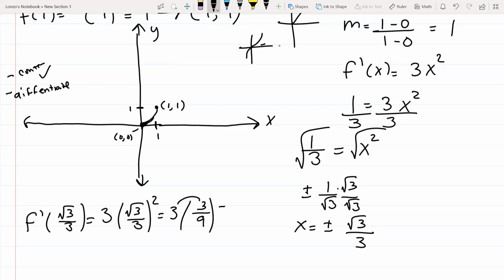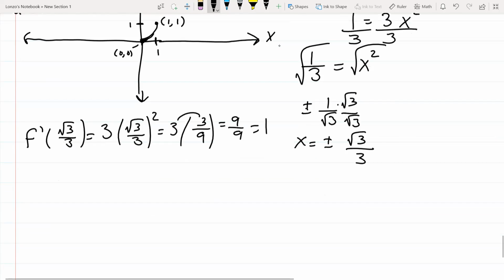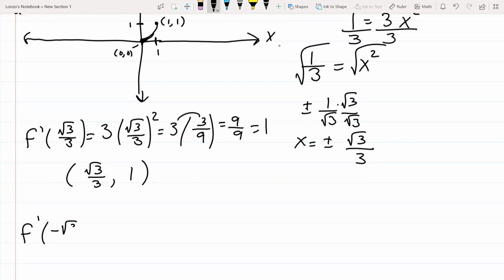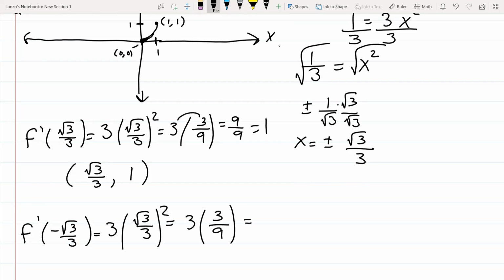So 3 times 3 is 9 over 9, which is 1. So your first point would be at radical 3 over 3, comma 1. Let's find our other point, f prime of negative radical 3 over 3. So that's 3 times negative radical 3 over 3 squared, 3, 3, 9. It's positive because a negative squared is positive. So this is 1.